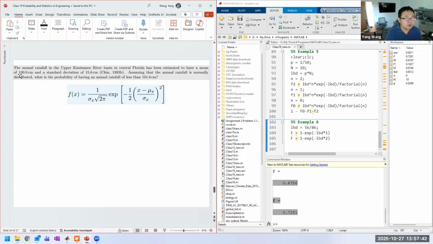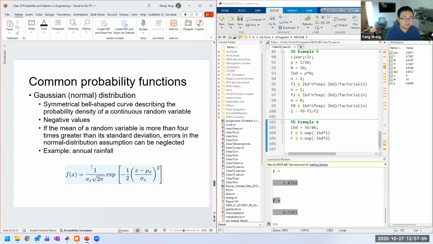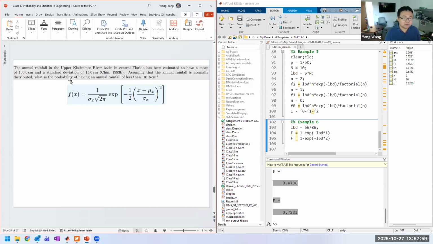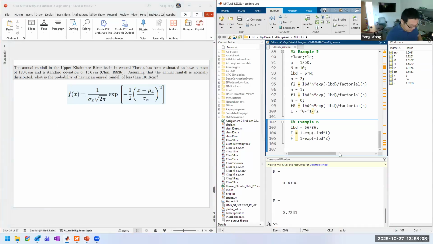The mean is 130. If we're thinking about less than a certain level, we're also thinking about the integral.